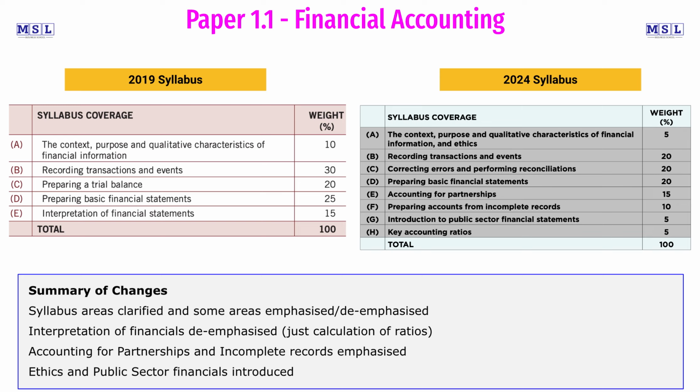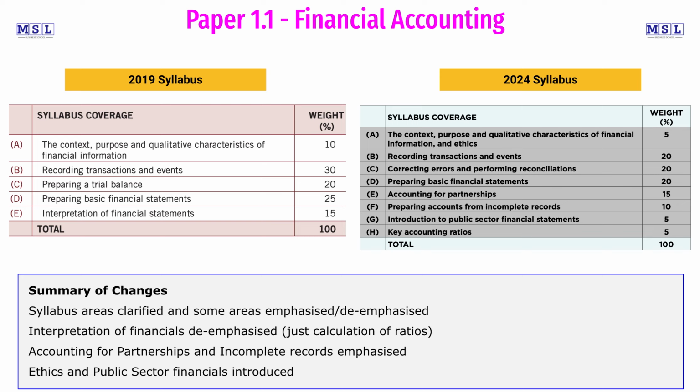Accounting for partnerships is now very emphasized clearly as a standalone syllabus area for 15 marks. Incomplete records accounting, now emphasized as a standalone syllabus area for another 10 marks, right? Then once again, you can see public sector accounting is here. So public sector accounting is now standalone, although for 5 marks, they are introducing you to how to prepare financial statements in the public sector.